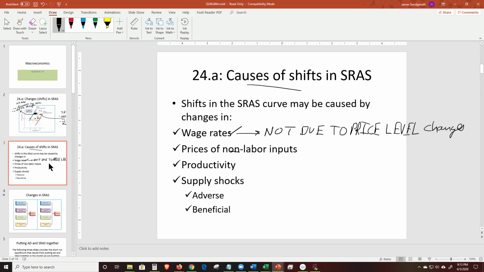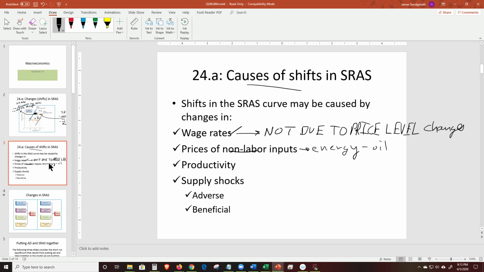So prices of non-labor inputs, and basically we're thinking of especially energy. Energy is so important to our standard of living. So in other words, the price of oil. Of course, if the price of oil goes up, shift to the left.